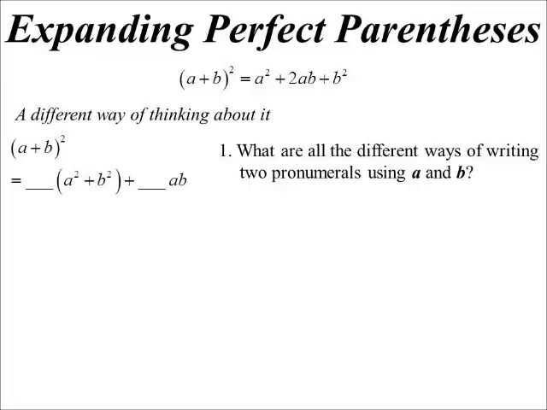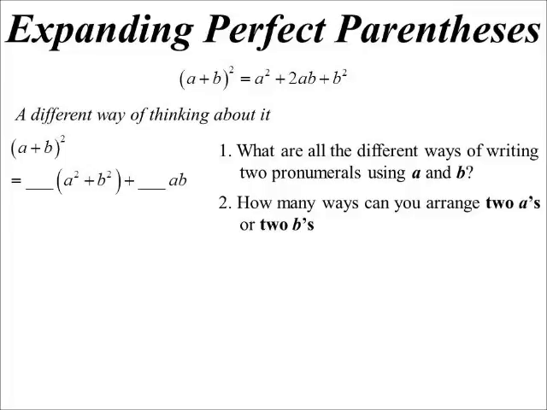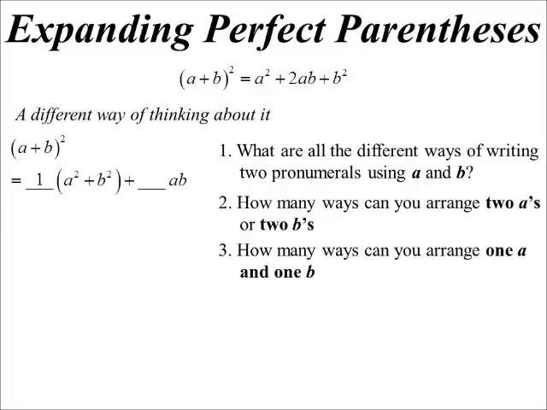So I could write them as A squared or B squared. In other words, two of the same letter, or I could have different letters. So now the question becomes, how many ways can I arrange two A's? One. How many ways can I arrange A and B?